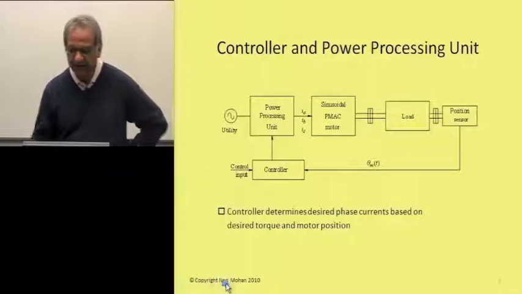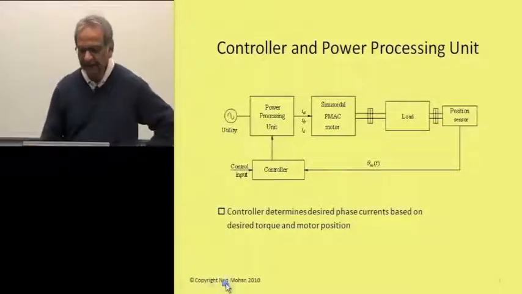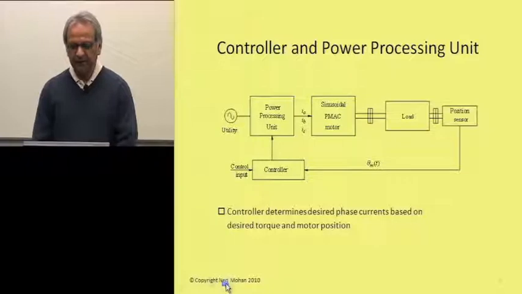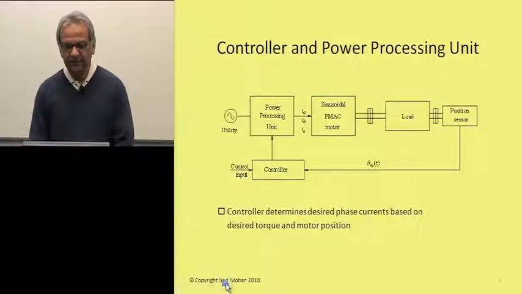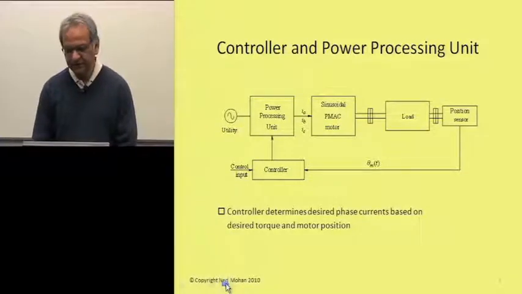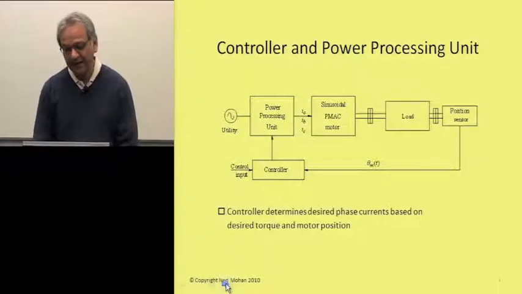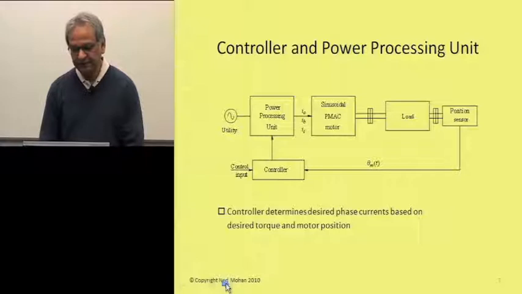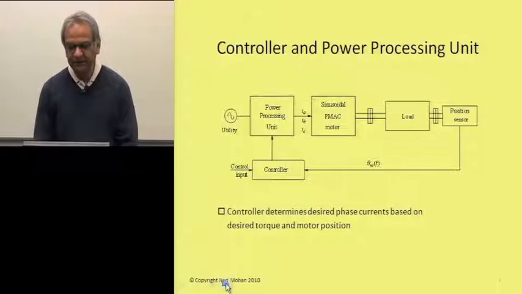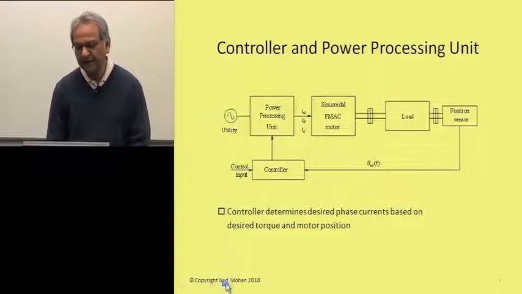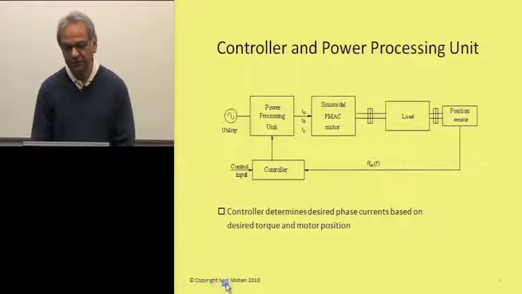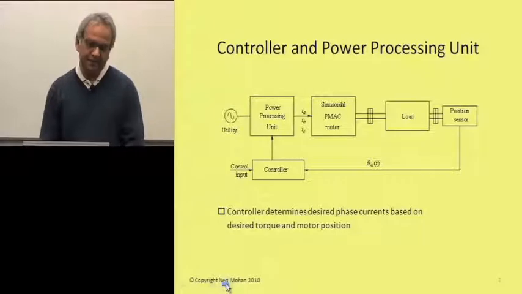Once again, let's look at this block diagram here, which shows that we are injecting currents IA, IB, and IC as a function of time, knowing the rotor position. And of course, these currents IA, IB, and IC have to be supplied in opposition to the induced back EMF.